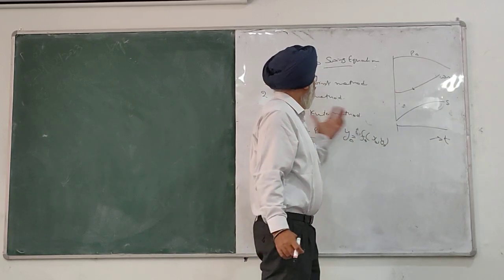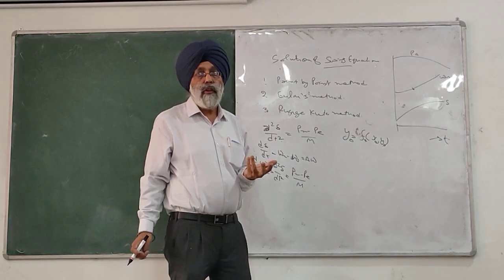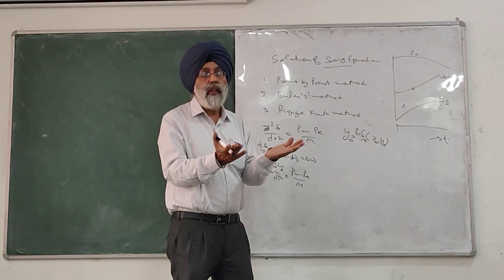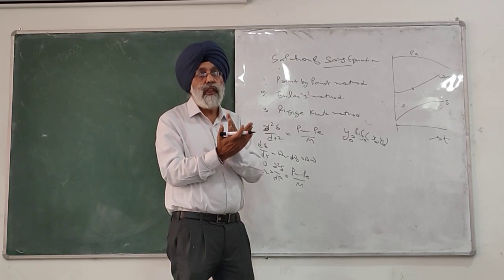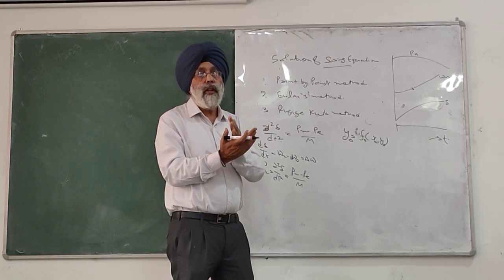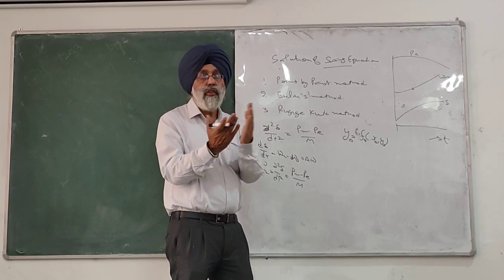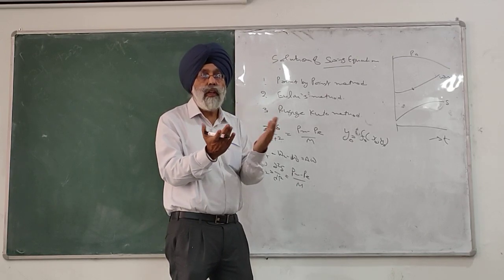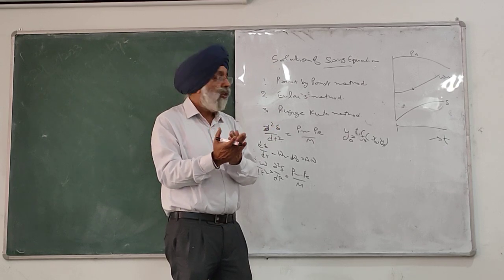And we can also find the value of omega. When the machine is under steady state condition, omega r was equal to omega s, so the difference between omega r and omega s is 0. So delta omega is equal to 0.